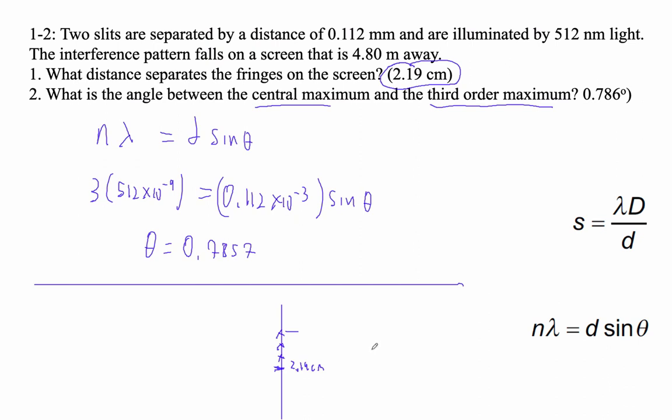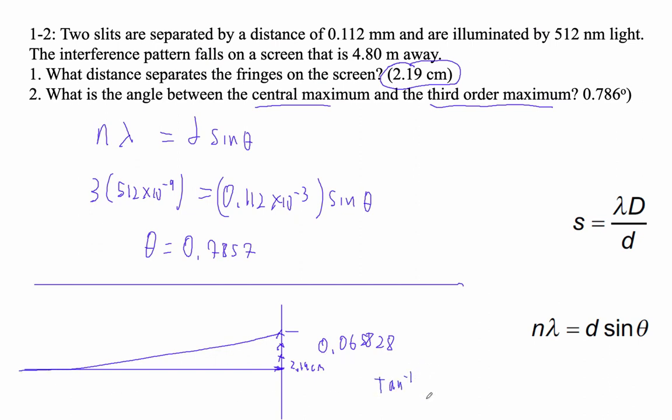Okay, so 0.219 times 3. I'm taking the unrounded number in my calculator. We know that this distance is 0.065828, right? So how do you figure this out? Well, we know that this side here is 4.8, right? And you can either do the inverse tangent, right?